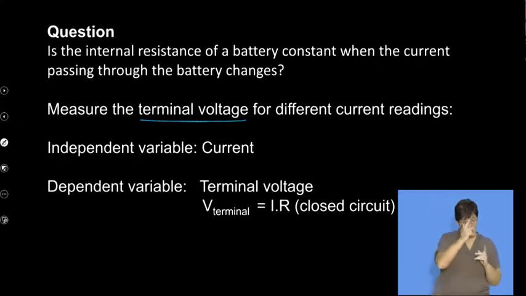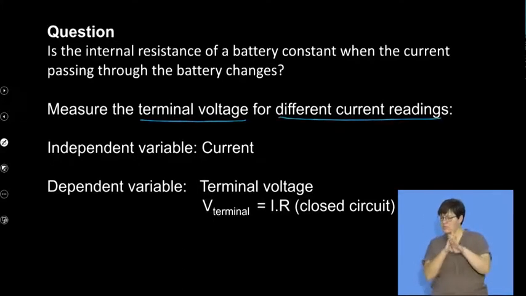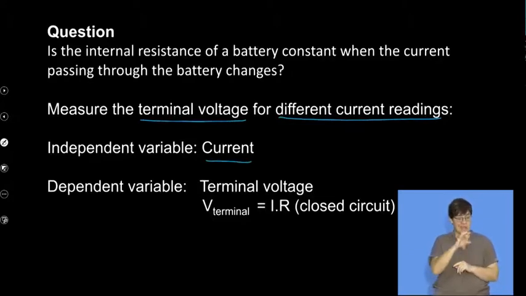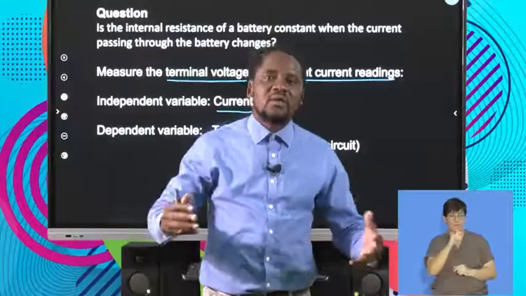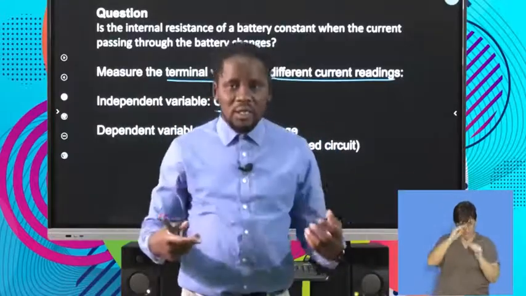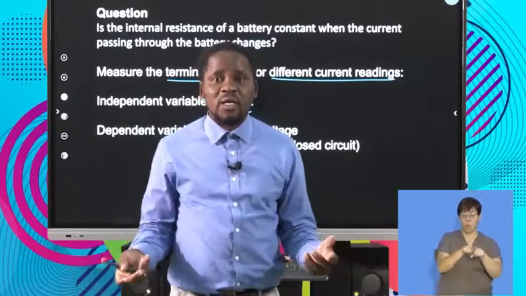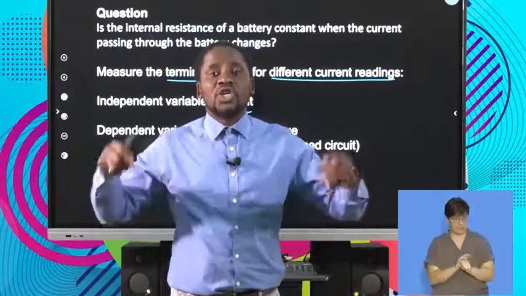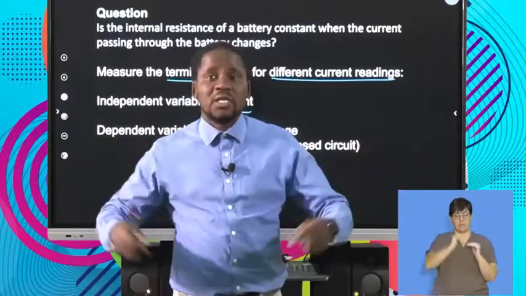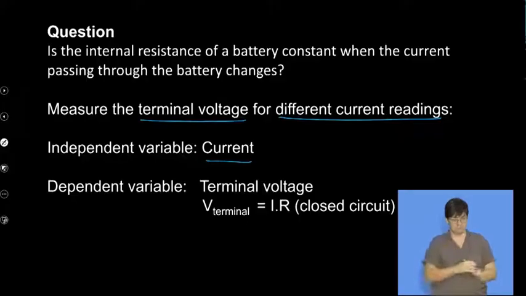If we vary current, it means current is the independent variable. What's an independent variable? It is the physical quantity that we manipulate in our attempt to discover or verify a scientific fact. So in this experiment, we're going to change the amount of current. So current becomes our independent variable.